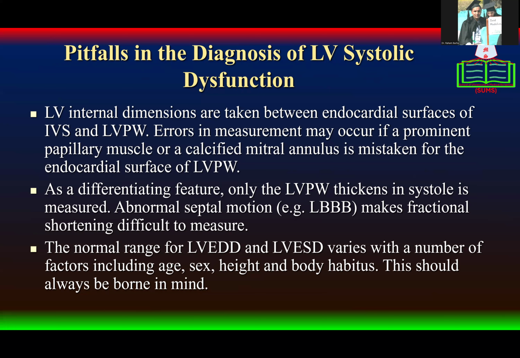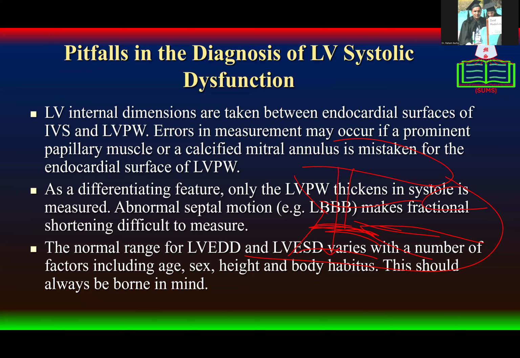So sometimes, for example, this is a right ventricle, and this is the left ventricle. Sometimes there will be papillary muscle from here and here with chordae tendineae attaching to the mitral leaflets. So sometimes it will be more echogenic and will be difficult to take this measurement to this region or to this region. So that will become a problem.